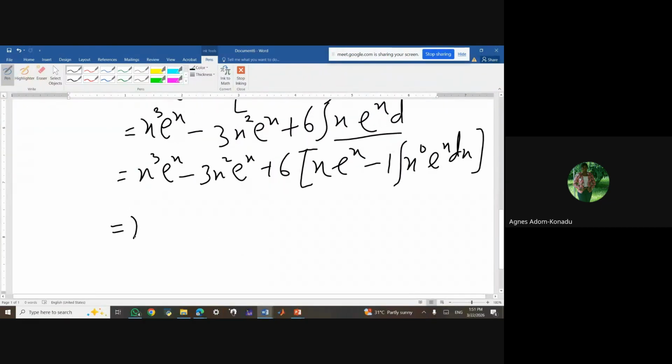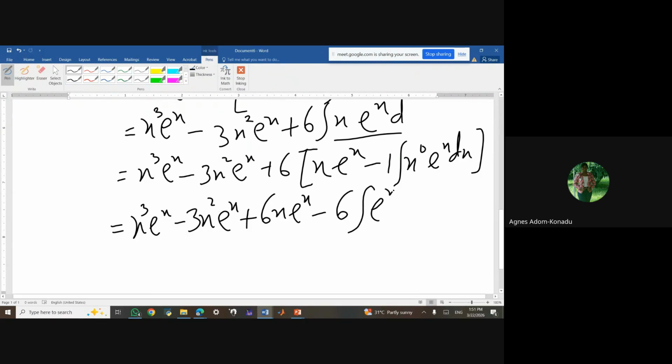So this is the same as x to the power 3 e to the power x minus 3x squared e to the power x plus 6x e to the power x minus 6 integral of e to the power 0, which is 1, so I have e to the power x dx.